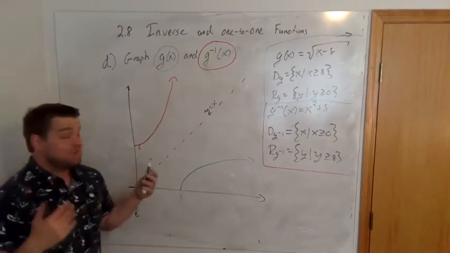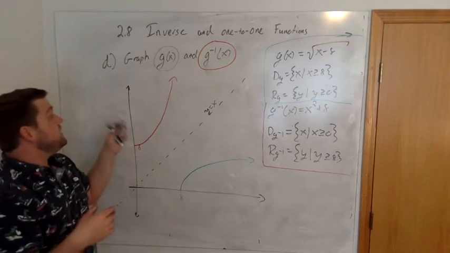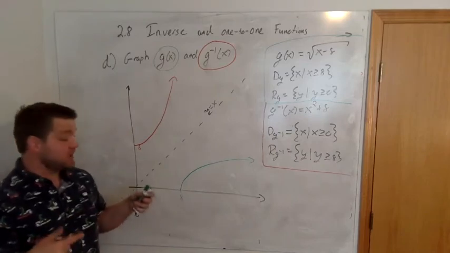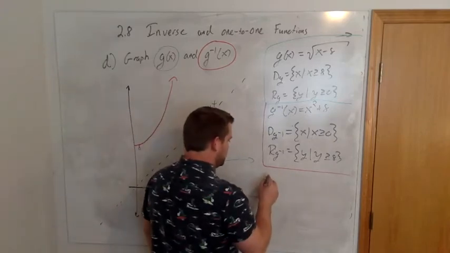This is something that will always happen with a function and its inverse. A function and its inverse will graphically always be reflections over the line y equals x. Let's write that down. It's super important.